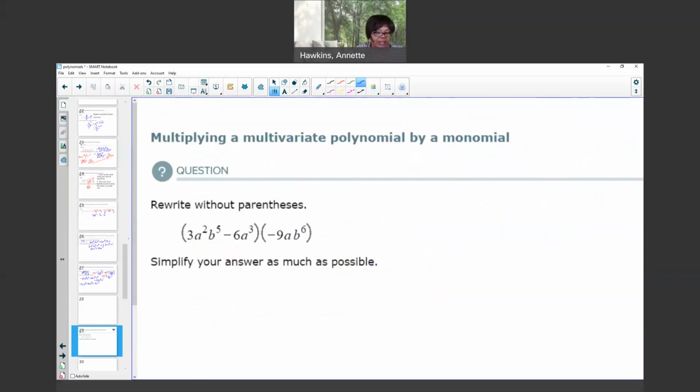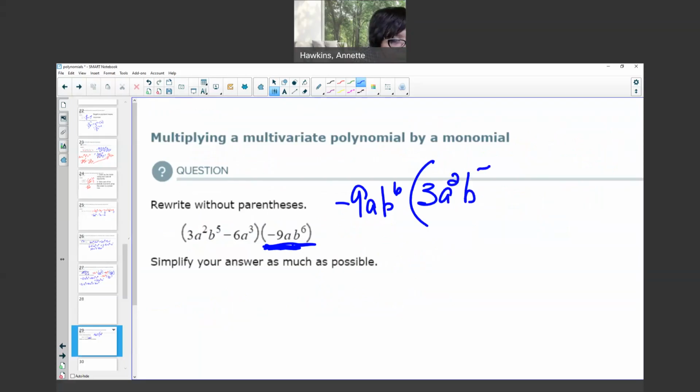All right. Now I always like this single term, this single monomial. I like to put mine in the front. And I'm going to use my distributive property.